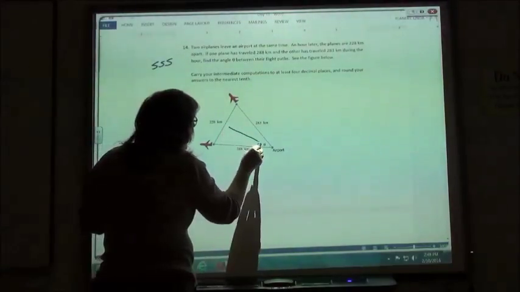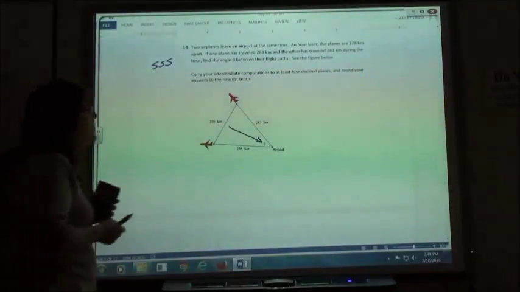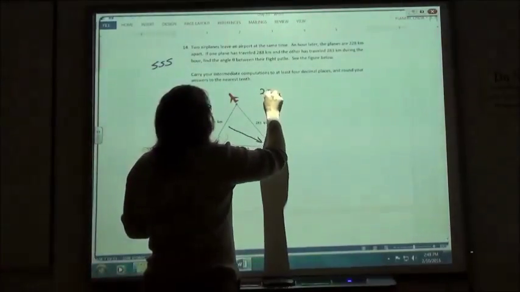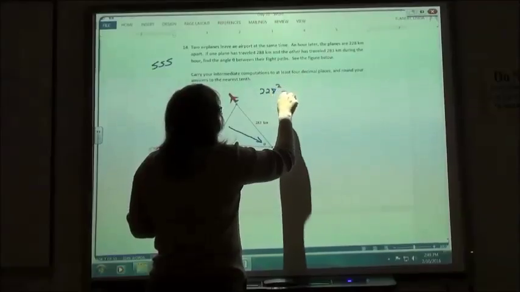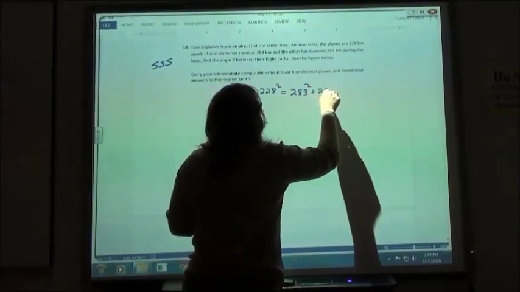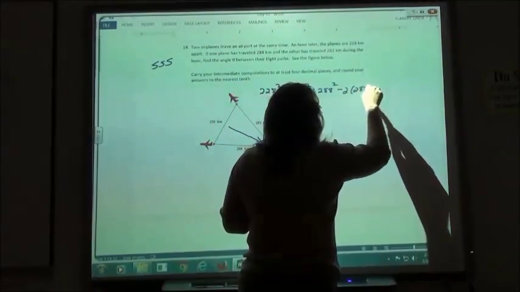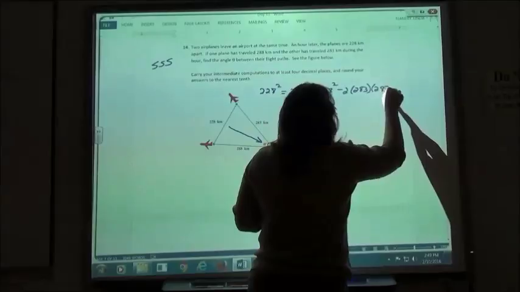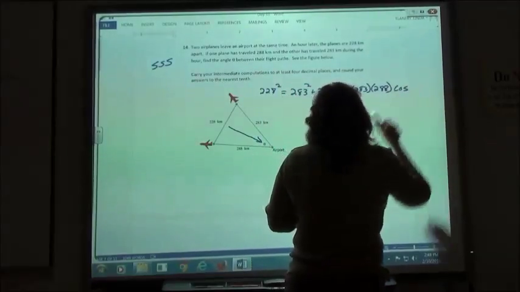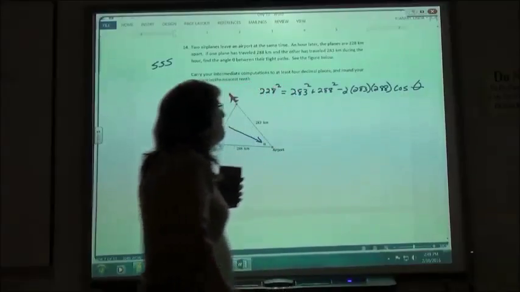So I'm finding the angle that's opposite the 228. So when I'm doing my law of cosines, 228 squared is going to equal 283 squared plus 288 squared minus 2 times 283 times 288 times the cosine of the angle opposite of that, which is theta.